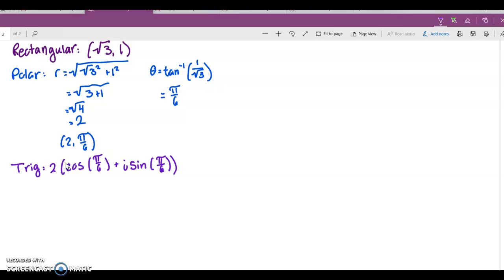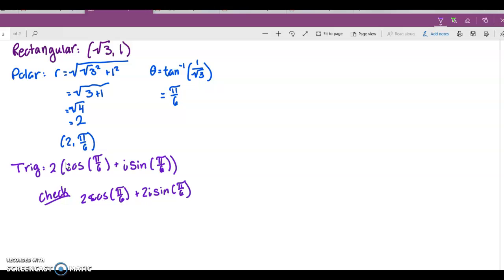And that's it. And then if we go through and we evaluate for our check, since we always love checking our work in math, going through, distribute the 2 in, we have 2 times cosine of pi over 6 plus 2 times i sine of pi over 6.